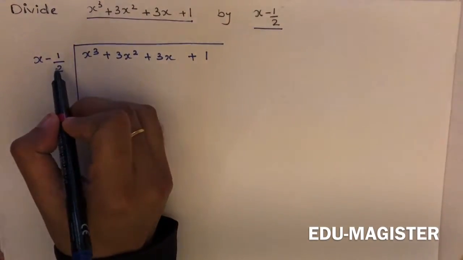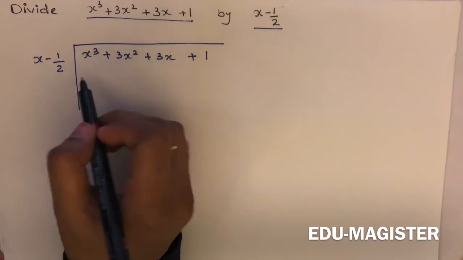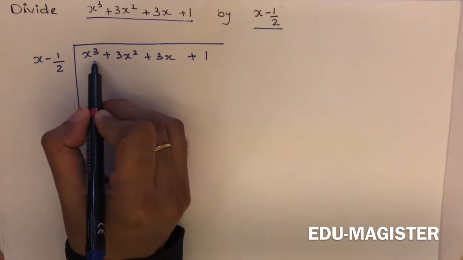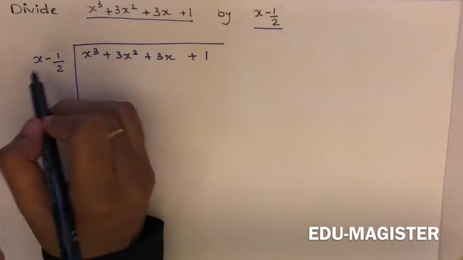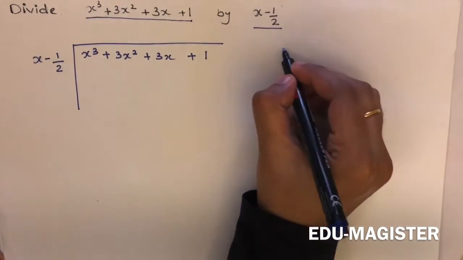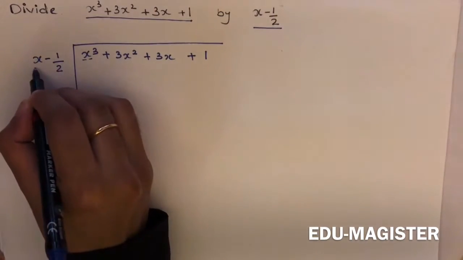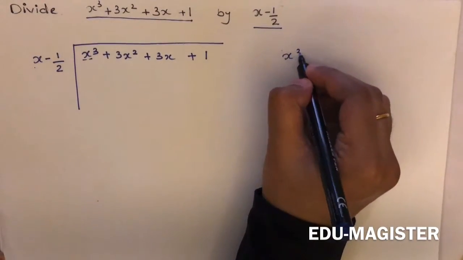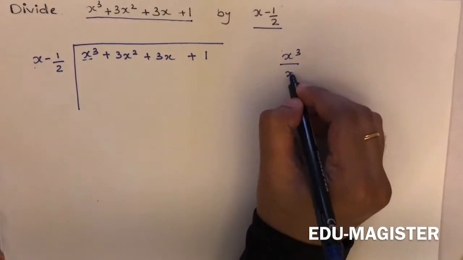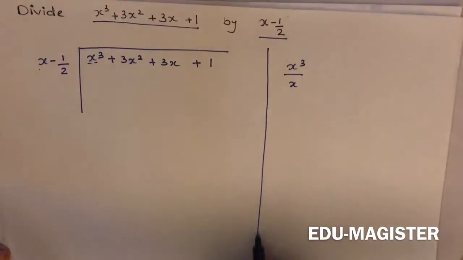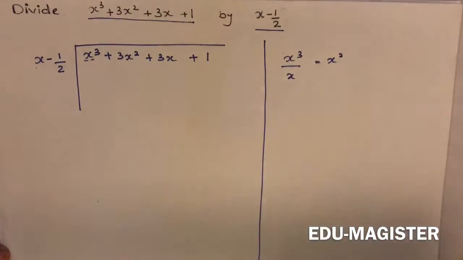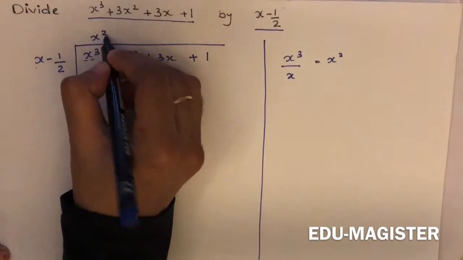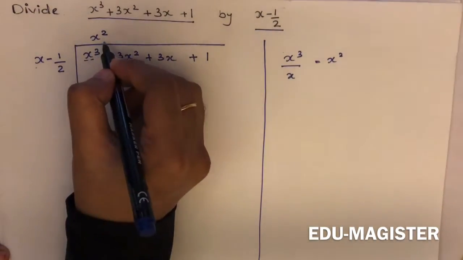Now as you know, the first step of the division is considering the first term of the dividend and the first term of the divisor, and then we will divide them. So here it is x cube and x, right? So it is x cube by x. X cube by x, you will get x square.